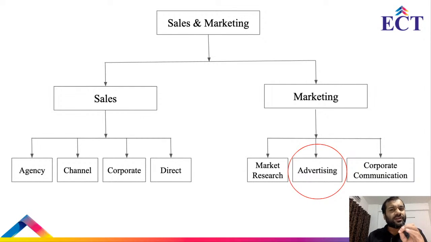Channel sales is very common in manufacturing organizations. From manufacturing to retail to the final shop, you have various third party organizations that handle your product. The manufacturer will manufacture the product, that will go to distributors, and then the distributor will sell further to wholesalers, and then wholesalers sell it to retailers.